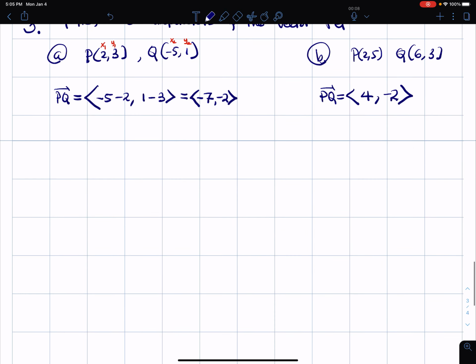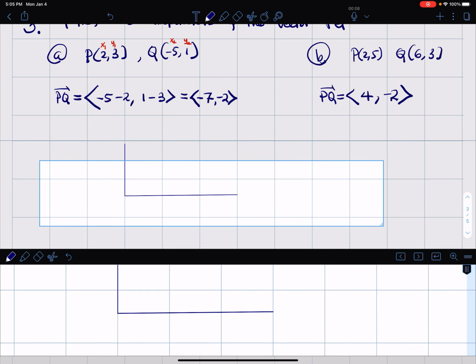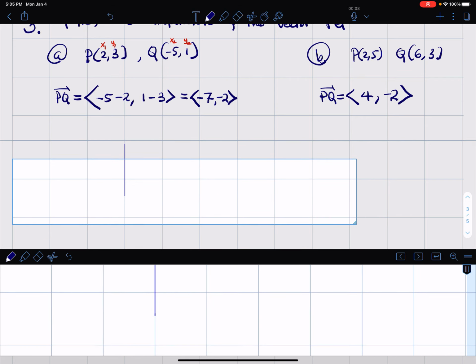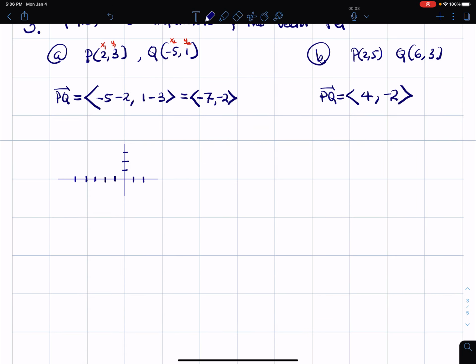Let's try to draw the two vectors, or at least one of them. So we have a vector starting at 2, 3, and then negative 5, 1. I'm going to expand this.